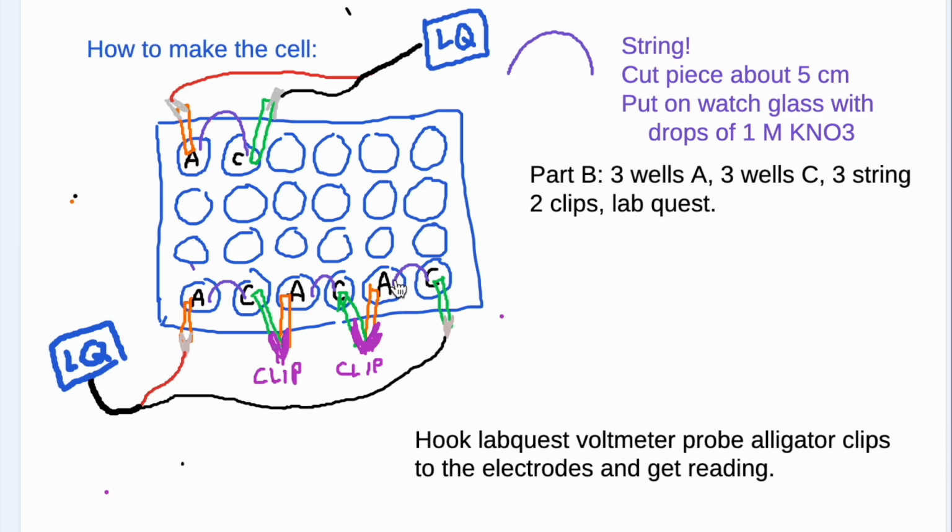And then we have another salt bridge, and then this last well over here, that piece of metal is what can be hooked up to the LabQuest. And then we can get a reading when we have 1, 2, 3 cells in series and see what the voltage is for that.